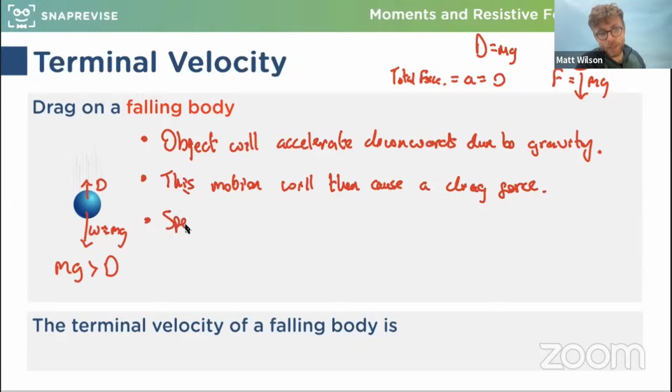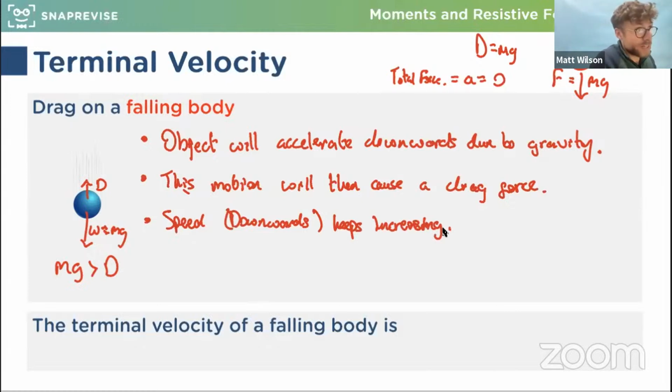So speed downwards keeps increasing. However, since we're accelerating downwards, since our speed does keep increasing, the drag will keep on increasing. As the speed gets bigger, the drag gets bigger. So drag will continue to increase.